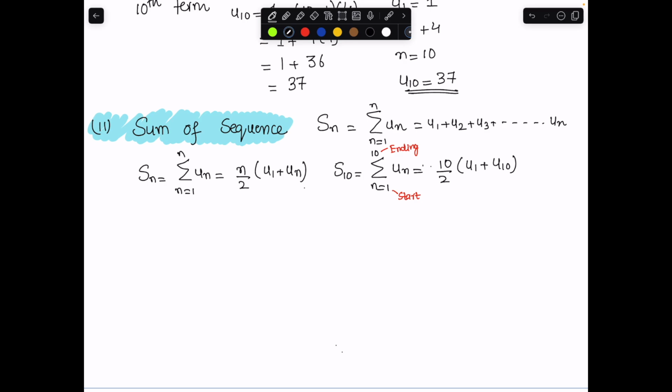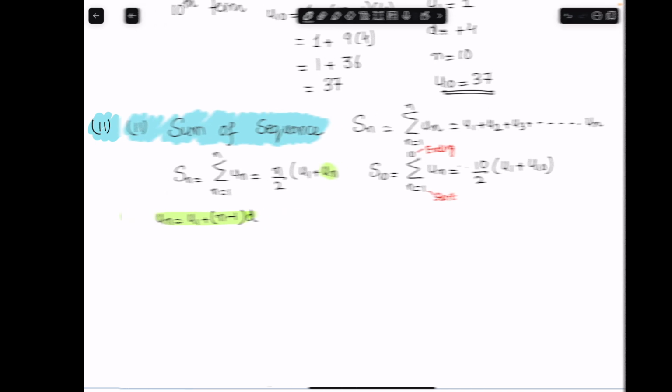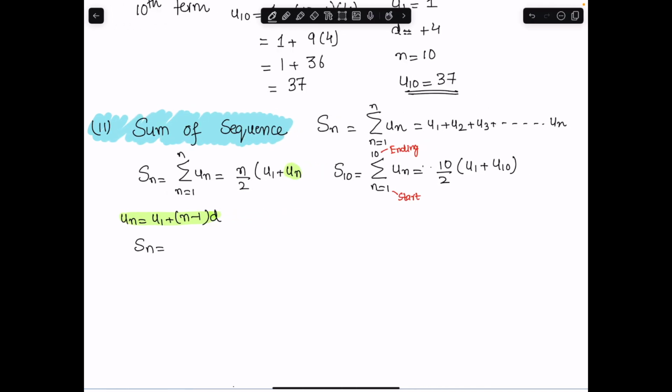Now this formula can also be restructured using my general term formula for the arithmetic series. Remember, my un is equal to u1 plus n minus 1 into d, that we just derived from the previous explanation. I can simply substitute this into the formula. So Sn will be equal to n over 2, u1 plus u1 plus n minus 1 into d.